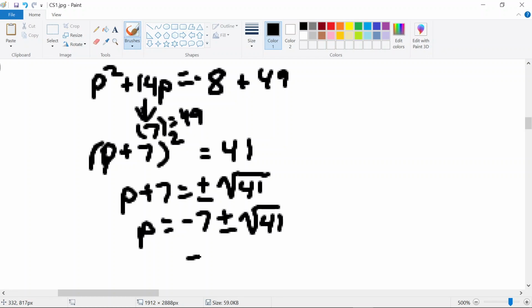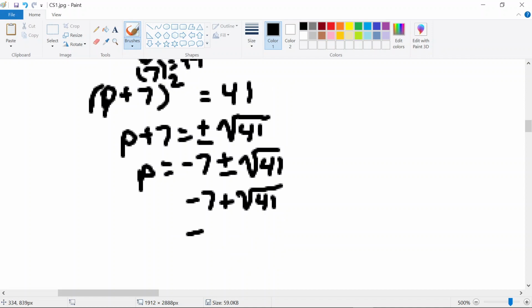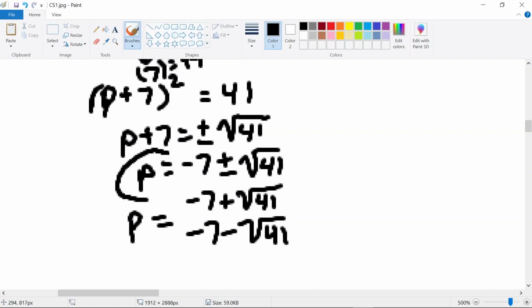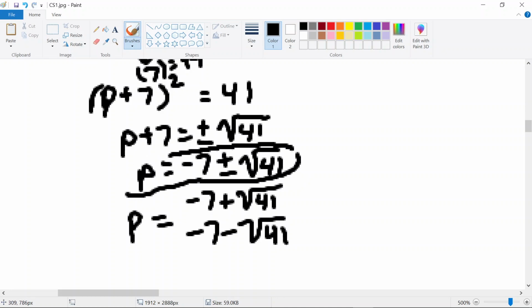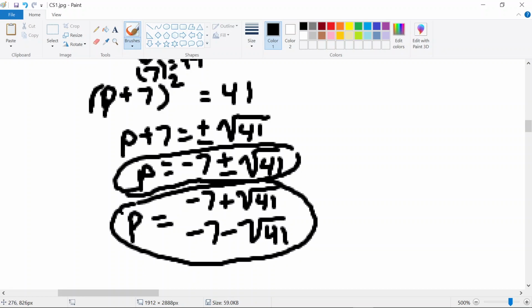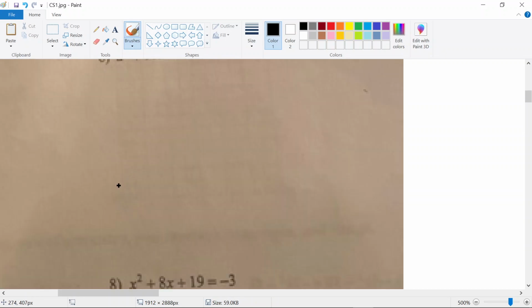I can write them separately: negative 7 plus square root of 41 and negative 7 minus square root of 41. That's what p equals. Either way, it is good. All right, that was number 4.